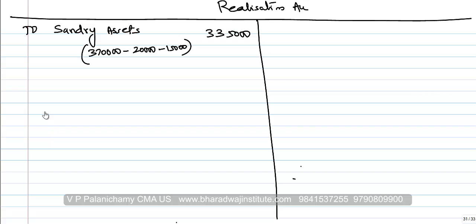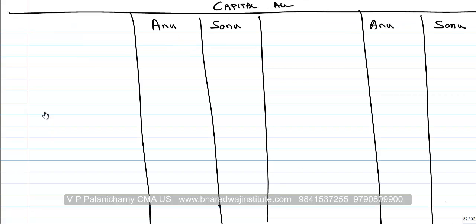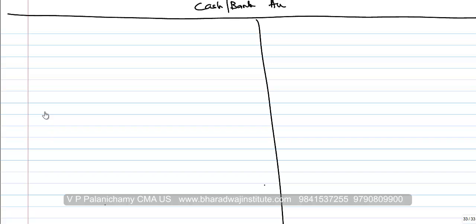This advertisement suspense will go to capital account of partners. Advertisement expenses. What is the profit sharing ratio? 2:1. So 10,000 and 5,000. Cash or bank account will come as to balance brought down. To balance brought down, how much? 20,000.